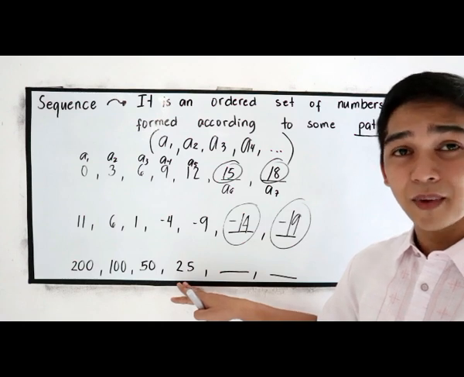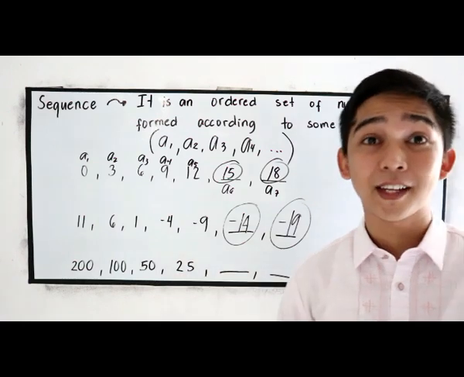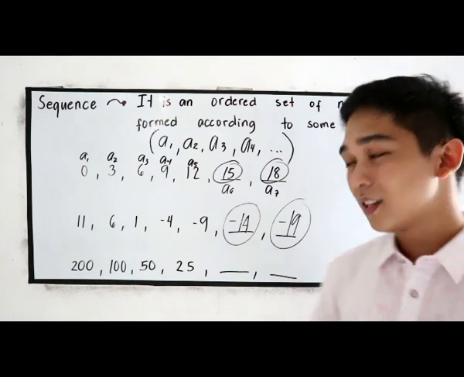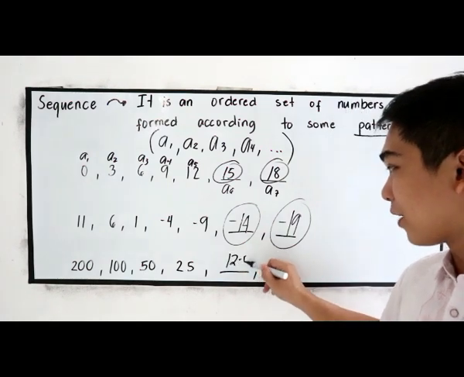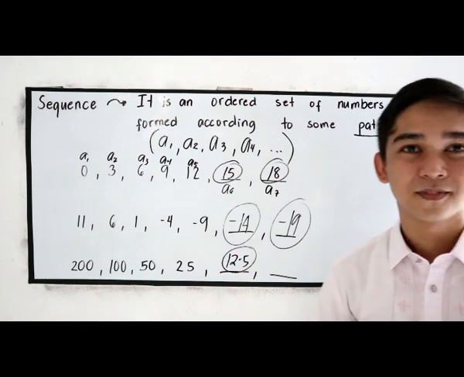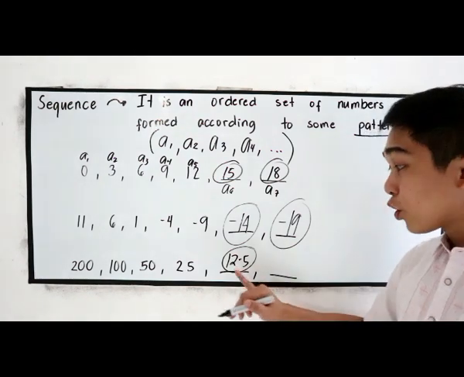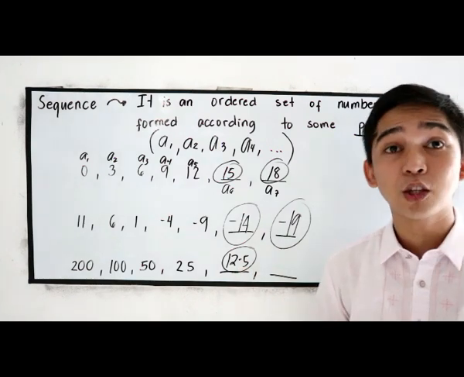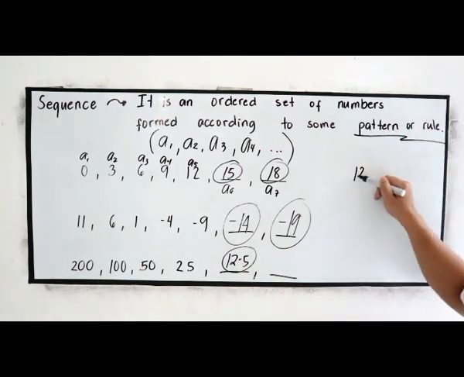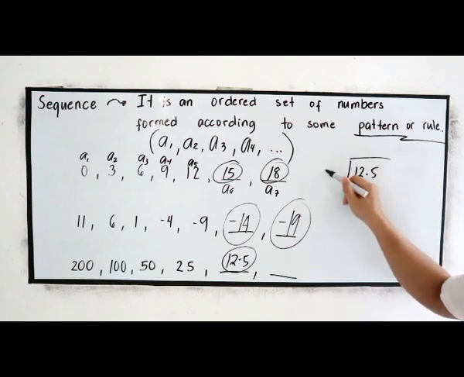So the next term is 25 divided by 2. That is 12.5. To get the next term, 12.5 divided by 2.